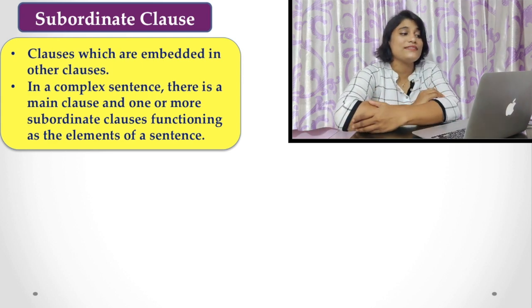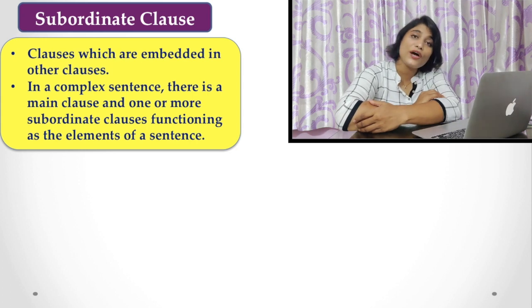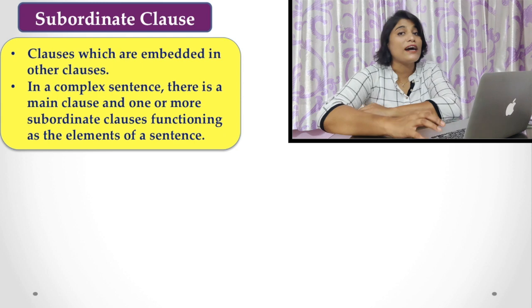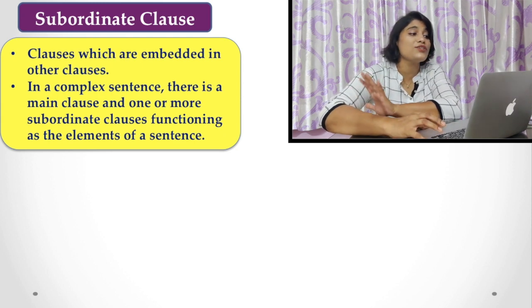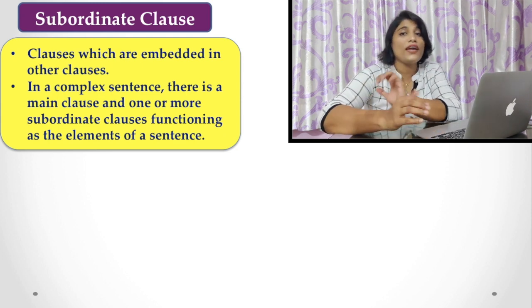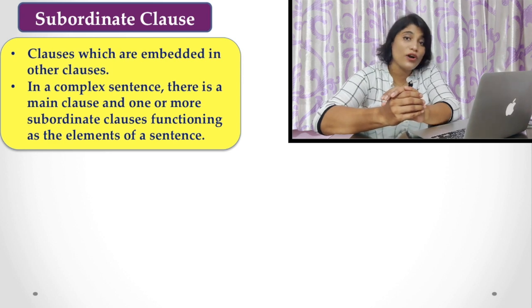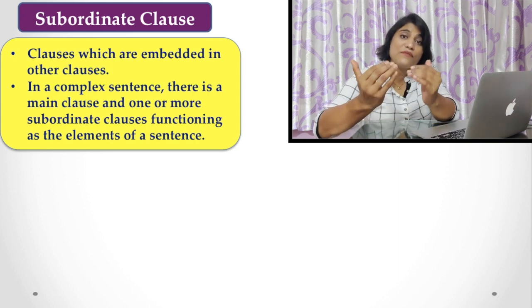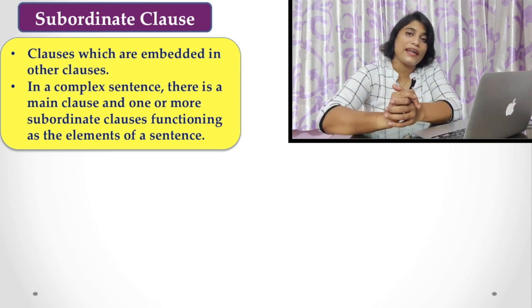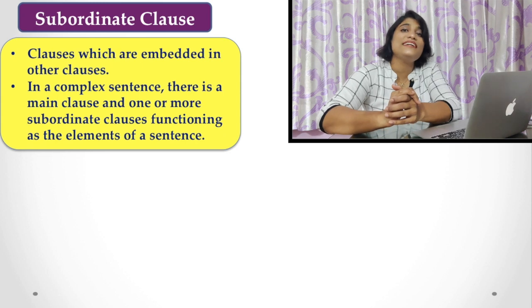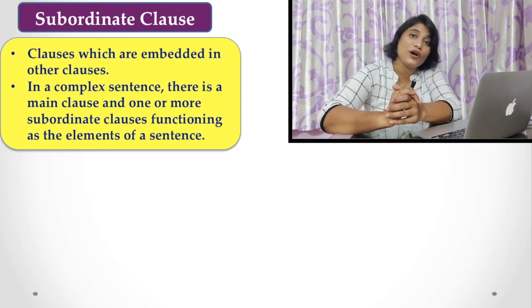In a complex sentence, there is a main clause and one or more subordinate clauses functioning as an element of the sentence. Subordinate clauses depend on the main clause.